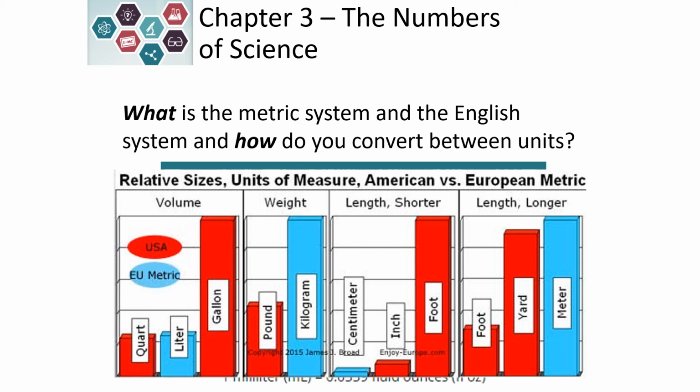There's a small difference, but they're pretty close. A pound and a kilogram, a pound is about half of a kilogram, approximately. A centimeter, there are 2.54 centimeters in an inch. A yard and a meter are close to each other, but there is a little bit of difference.